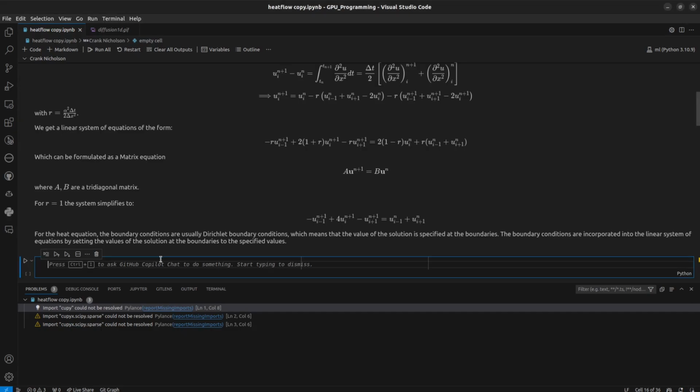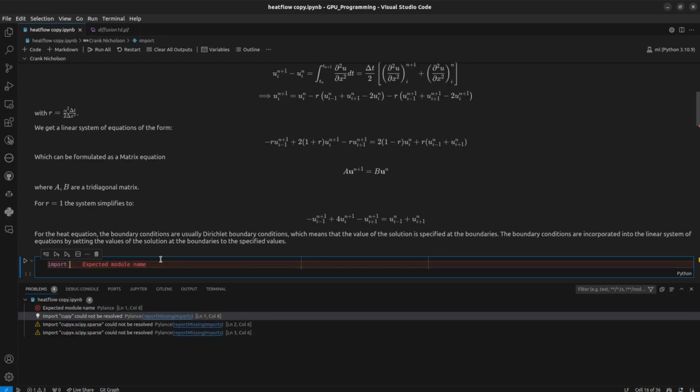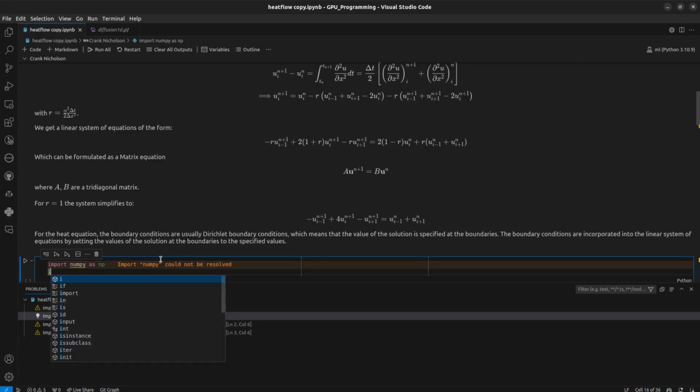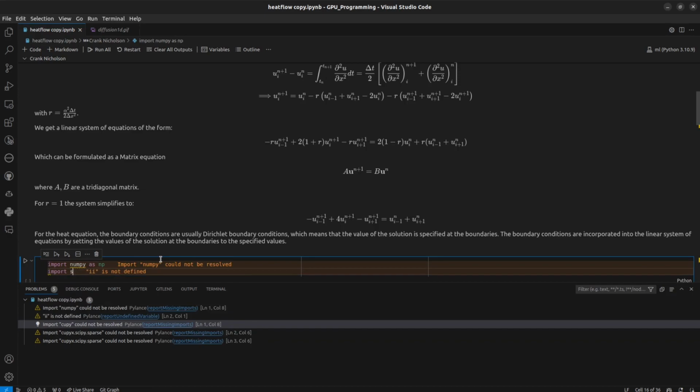First we're going to use some libraries. For sure we're going to use NumPy. We're also going to use SciPy since there are some sparse libraries, but more on that later.